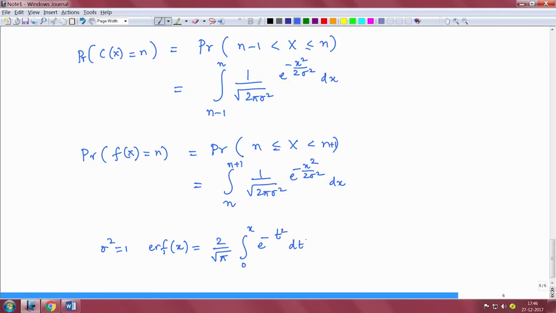So what we have here is this expression, and we need to make use of the ERF function in MATLAB so that it becomes computable.